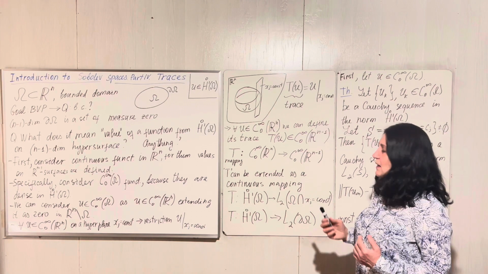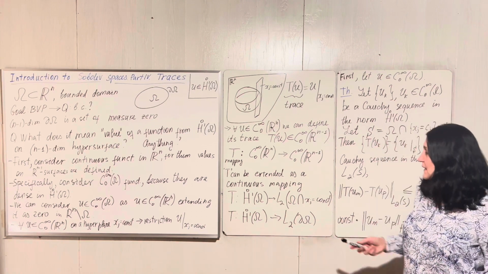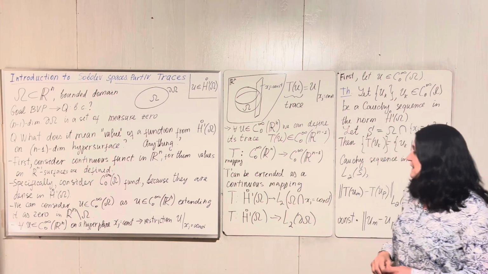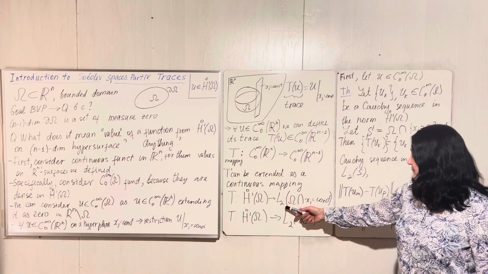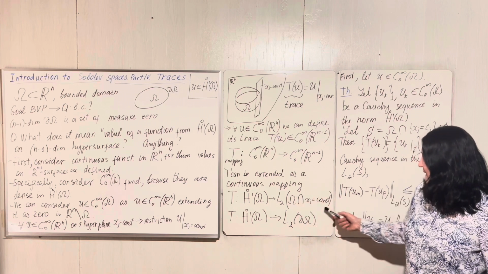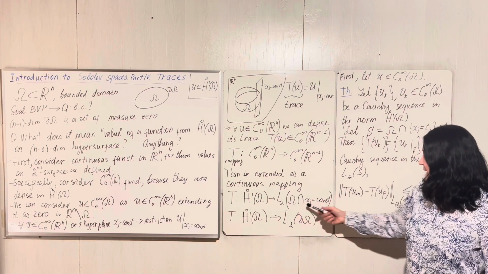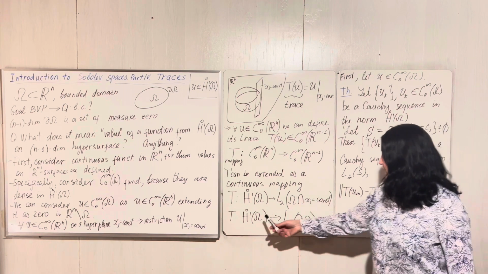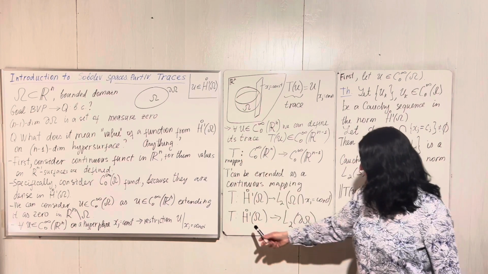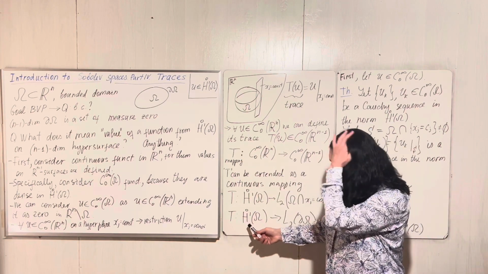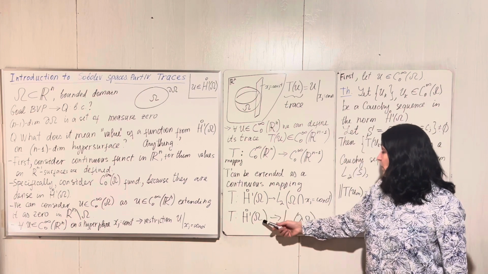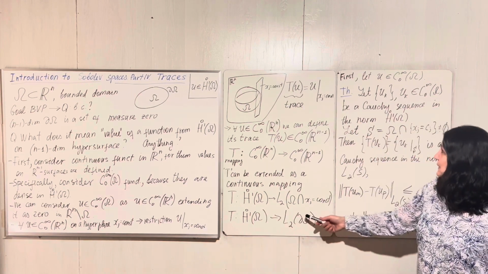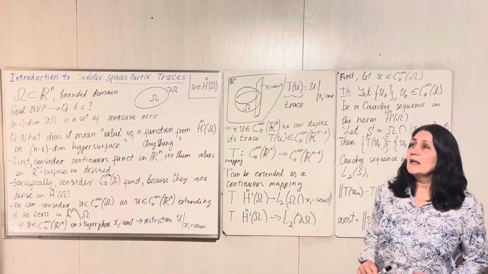And we will see today that T can be extended as a continuous mapping from H10 of omega to L2 of the intersection of omega with the hyperplane. Our goal is to understand that we can think of T as a mapping from H10 of omega to L2 of the boundary of omega.